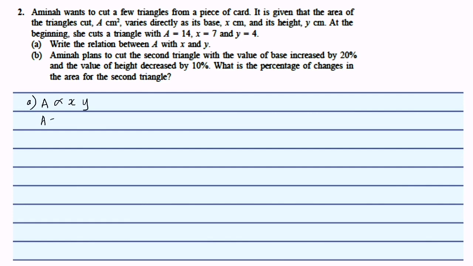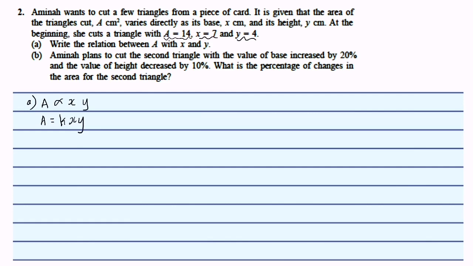A equals K S Y. Every time when we write this step, after this step, we need to find the constant. In order to find the constant, you need to substitute the value of A, S, and Y. So from here, we can get the value of A, S, and Y.